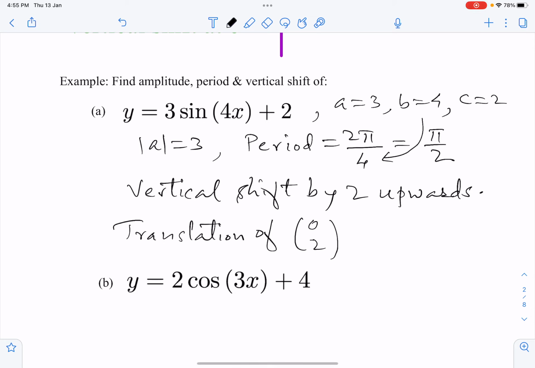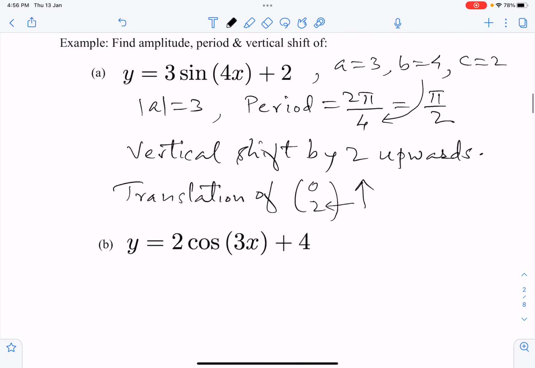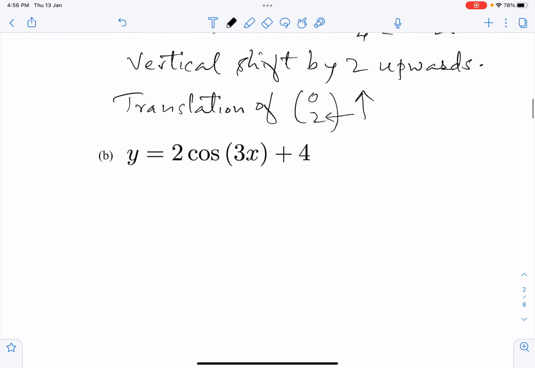So this is a vector. By this vector it will be translated. So only the y coordinate I have changed here. X is 0. So therefore this will cause a vertical shift upwards. You might have studied in the vectors. Otherwise I'll take one lesson on vectors. No problem. So like this we have completed question A, part A.